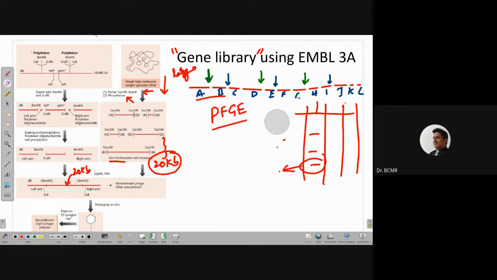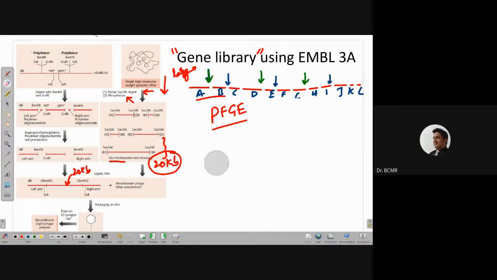We need the gel to be stable enough to hold the DNA. The other point is that during electrophoresis there is also an increase in temperature. When the temperature increases and the agarose concentration is very low, the gel might actually dissolve. So it is a complication. For that, we use pulse field gel electrophoresis.